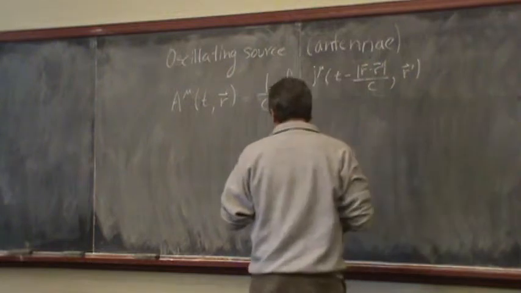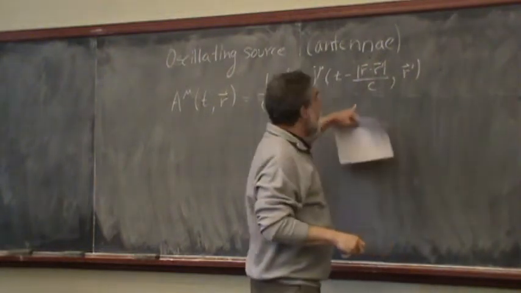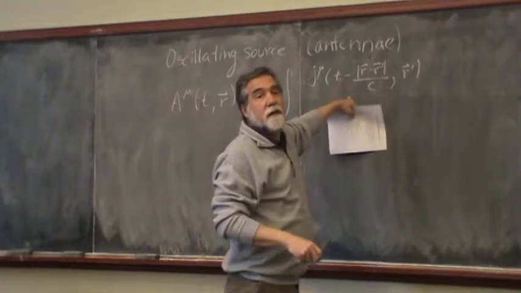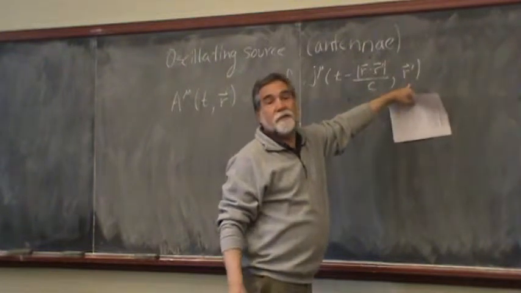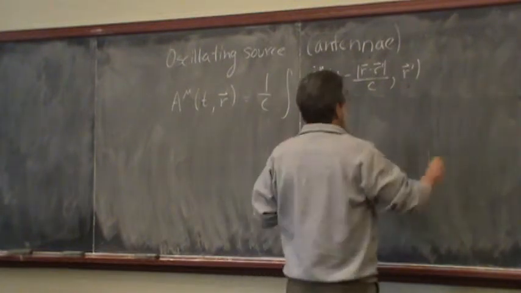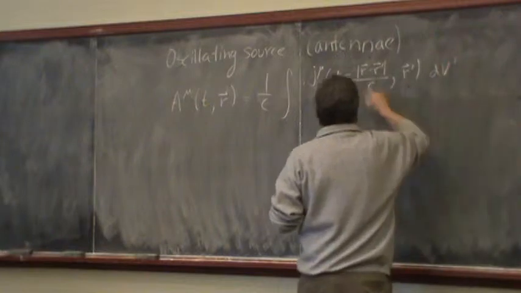Charges moving around, or rather current, being present at positions r prime, and we integrate over where the charges are.